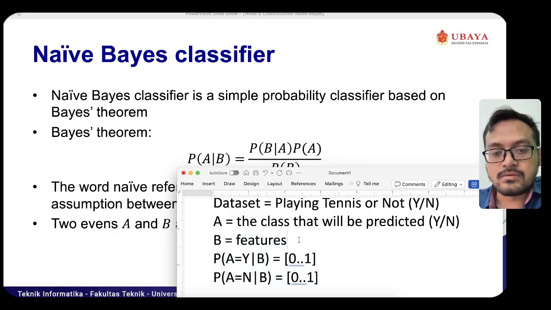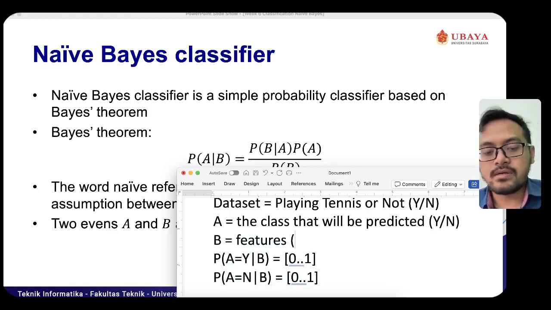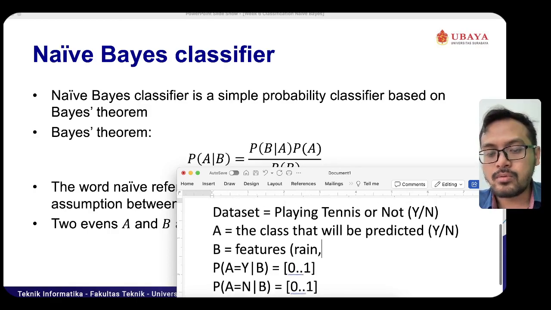The features can be the weather condition, rain. If the rain comes, what is the probability that people will play tennis or not?